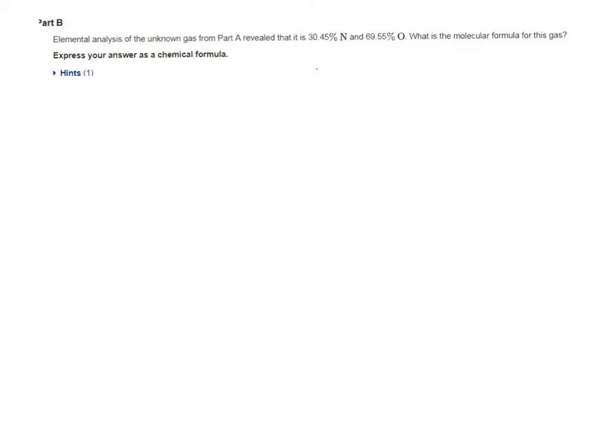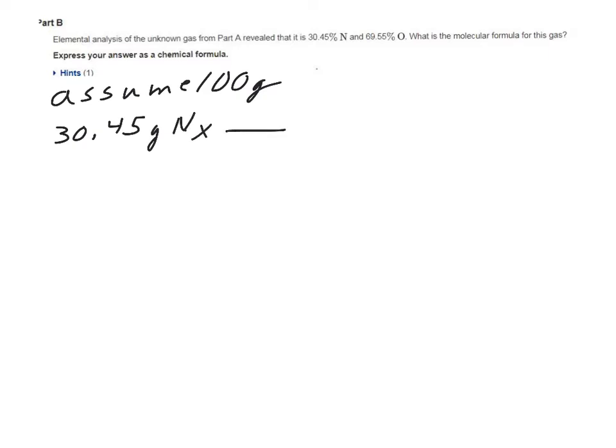Part B is really a review of empirical formula. They tell us that our compound is 30.45% nitrogen, 69.55% oxygen. So we're going to do our standard assumption. We're going to assume we have 100 grams, which means that we have 30.45 grams of nitrogen, and we want to convert that to moles, using 14.0067 grams per 1 mole.